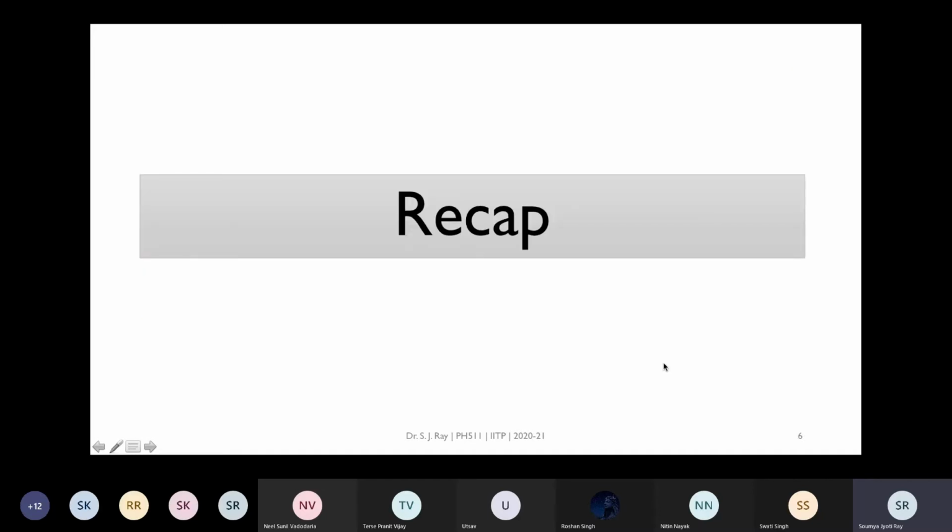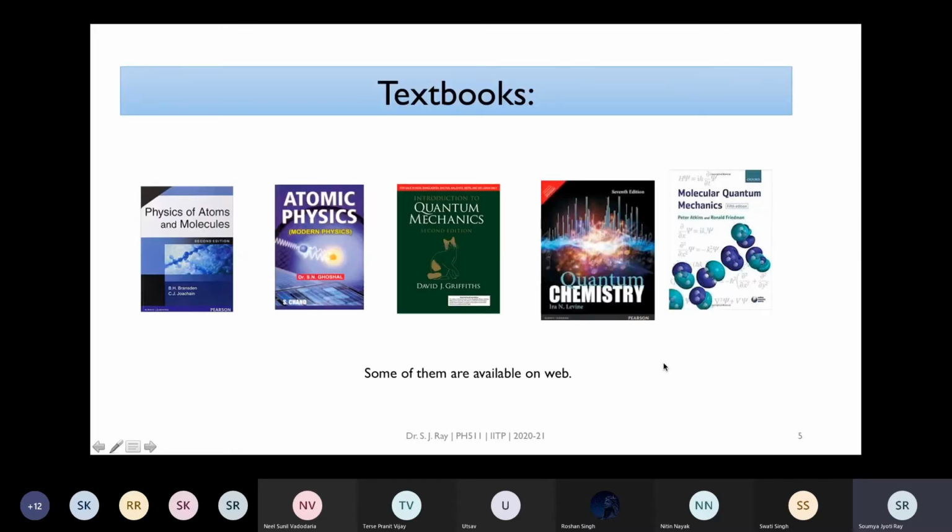There is one more book which I didn't mention here. For molecular spectra, there is a book by Banwell. It is a very thin book, and you can buy it from Amazon or Flipkart for around 200 rupees. It is a really nice book, very basic and elaborate.